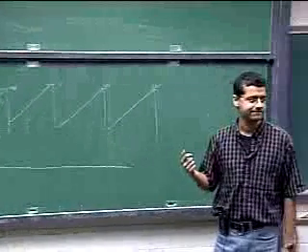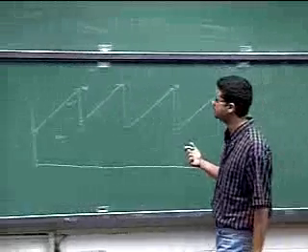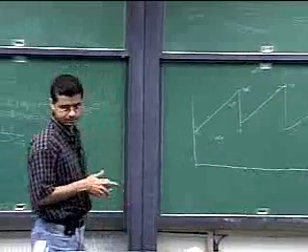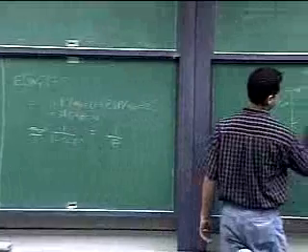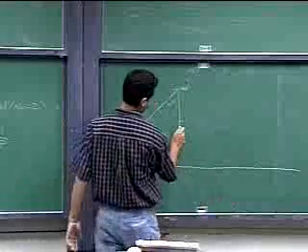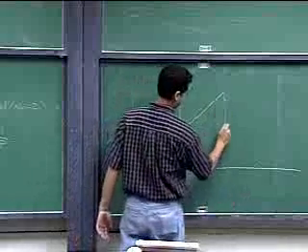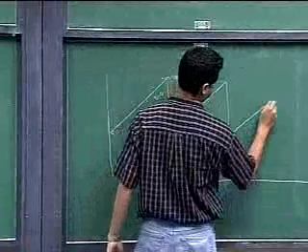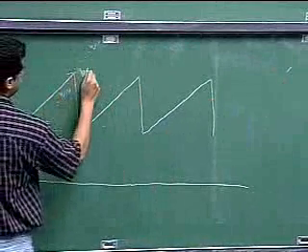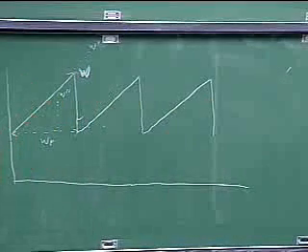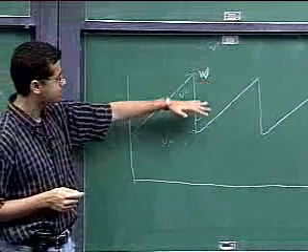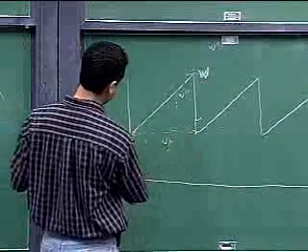Okay? So now let's analyze this further. So if the window is W at the time the loss occurs, the window size goes to W over 2.